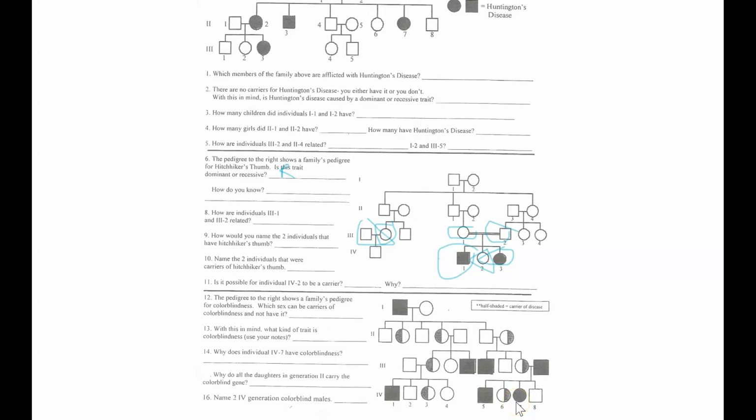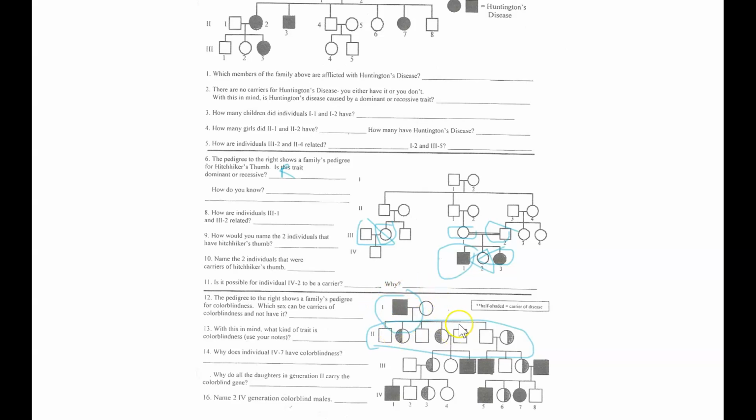And then, why do all the daughters in generation 2 carry the colorblind gene? So right over here, this is the second generation. These females are carriers because of the fact that the dad is colorblind.